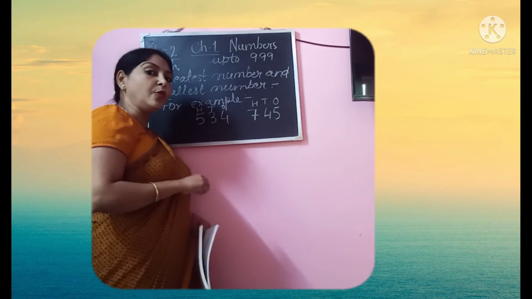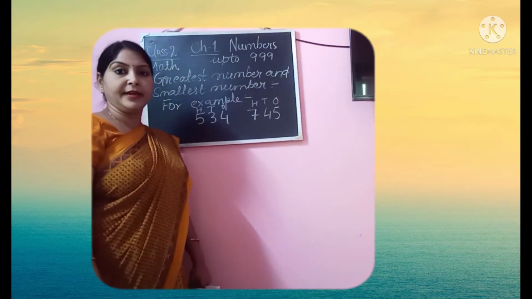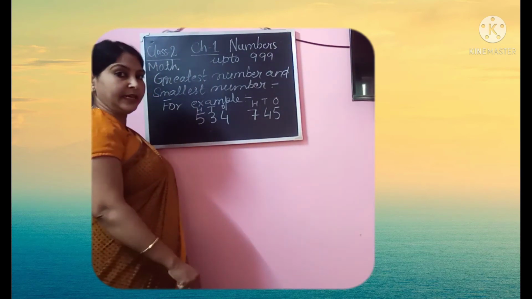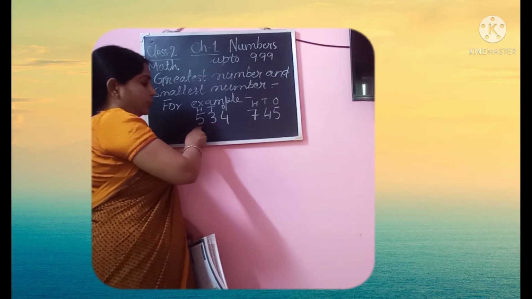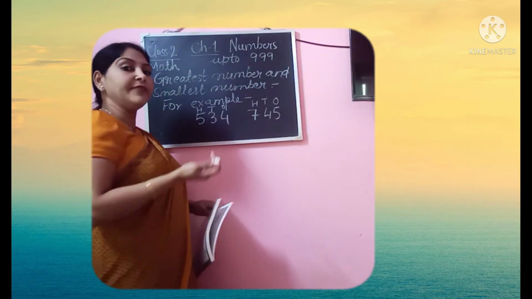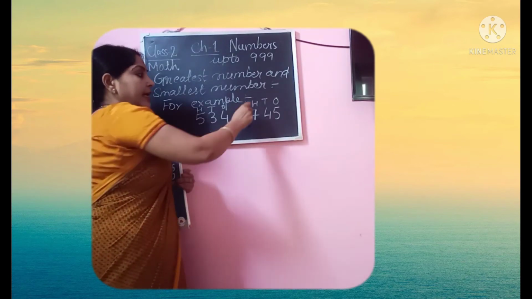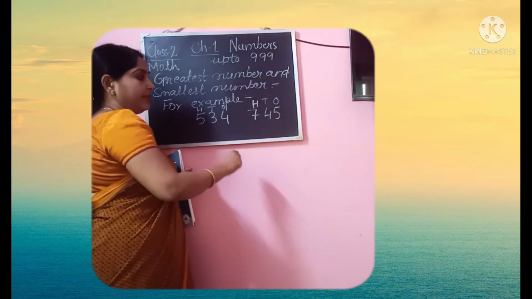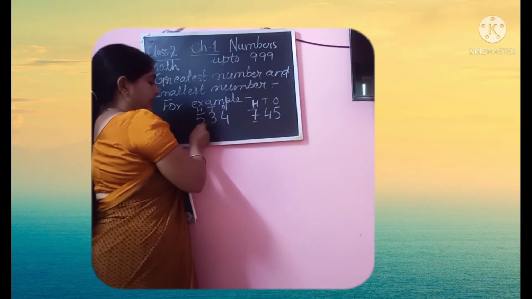Now how will you compare the numbers? First and foremost, to compare a number, we must count the number of digits given in the number. See here, this number, how many digits? 1, 2, 3. Here, 1, 2, 3. Now, both are having an equal number of digits. How to compare now? After knowing the number of digits, we will compare from their highest place value.